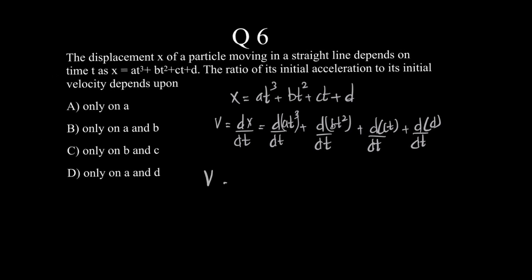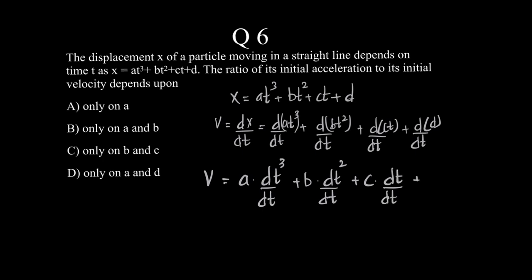So v is further equal to a into d by dt of t cube plus b into d by dt of t square plus c into d by dt of t plus d by dt of d.